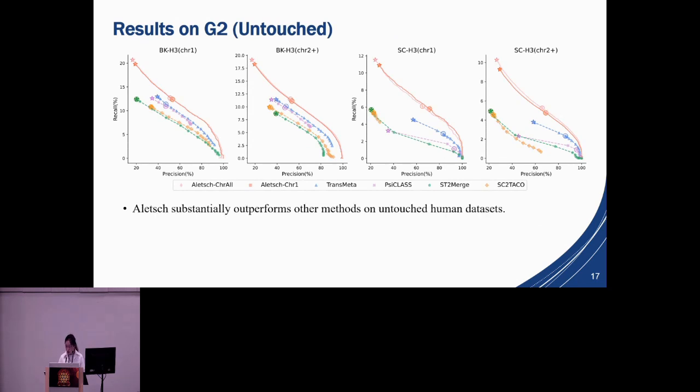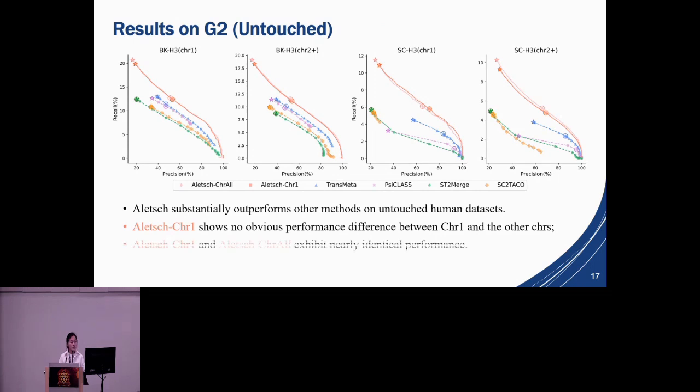For group G2, we tested both models, Aletsch-CHROM1 and Aletsch-CHROM-all, on these untouched human datasets. Aletsch substantially outperformed the other methods on this group. Additionally, we observed that Aletsch-CHROM1 shows no significant performance difference between chromosome 1 and the other chromosomes.